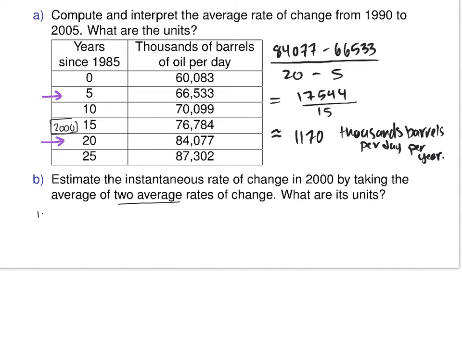So using 10 and 15, our estimate is 76,844 minus 70099 over 15 minus 10.